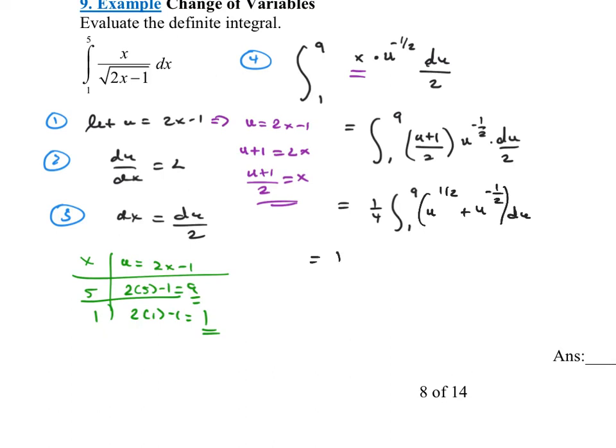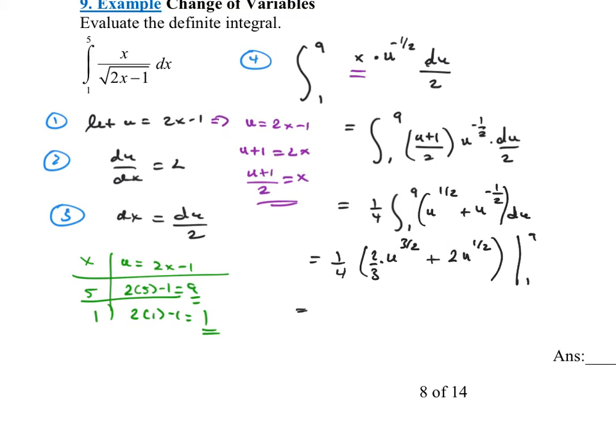Now we're able to integrate both of these, so this would be 1/4 u to the 1/2 integrated would be u to the 3/2 over 3/2, which is the same as multiplying it by the reciprocal of 2/3. The integral of u to the negative 1/2 would be u to the positive 1/2 over 1/2, which is the same thing as multiplying it by 2. And then remember, we have to still evaluate this from 1 to 9.